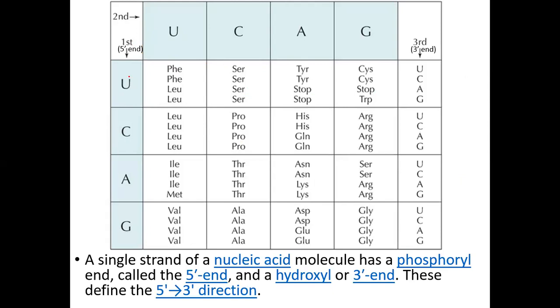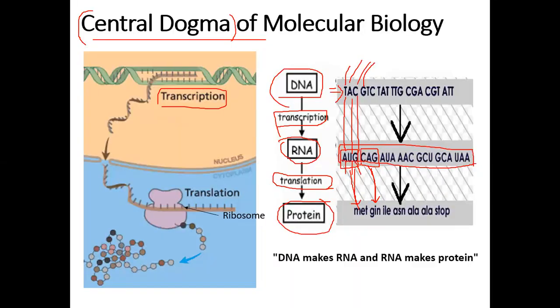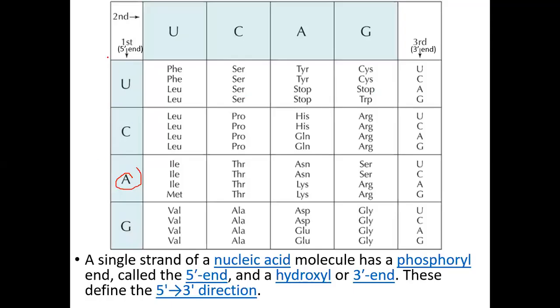So that codon, the first letter is A, isn't it? That is AUG. First is A, second is U, third is G. A, U, and G. Okay, which should correspond to Met.